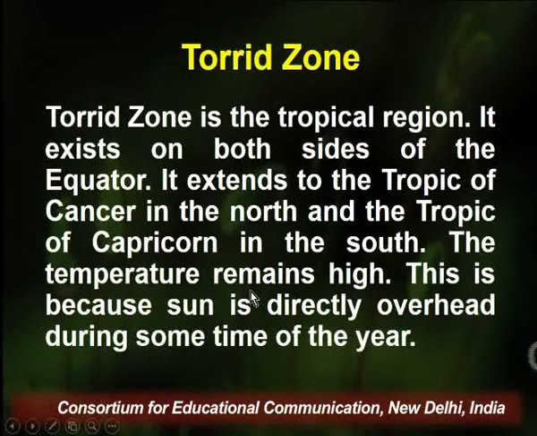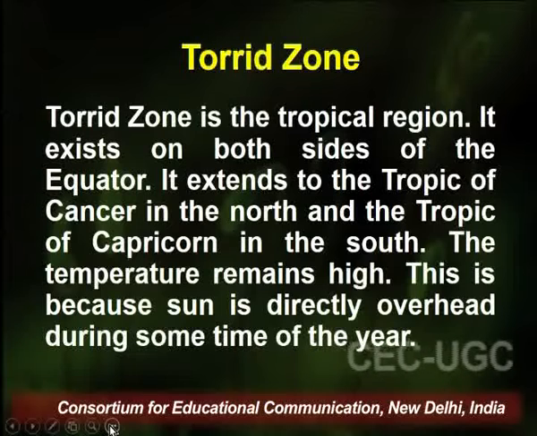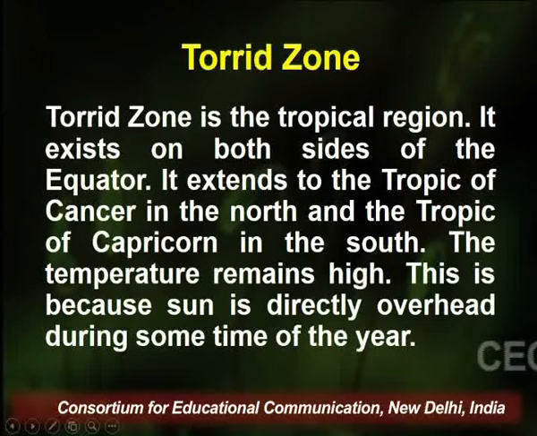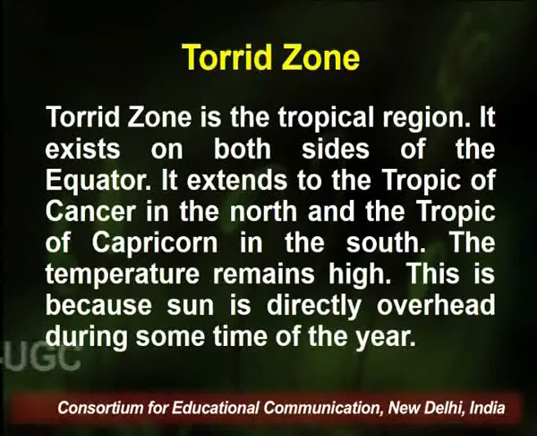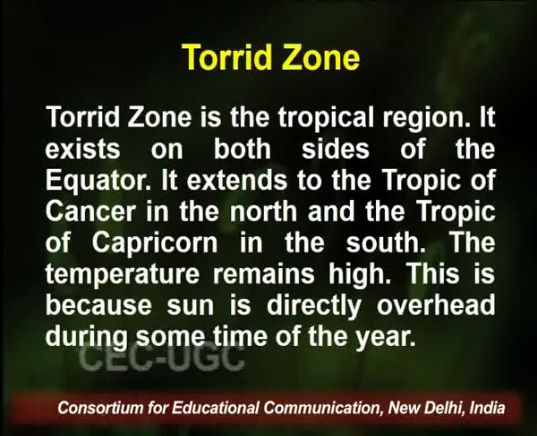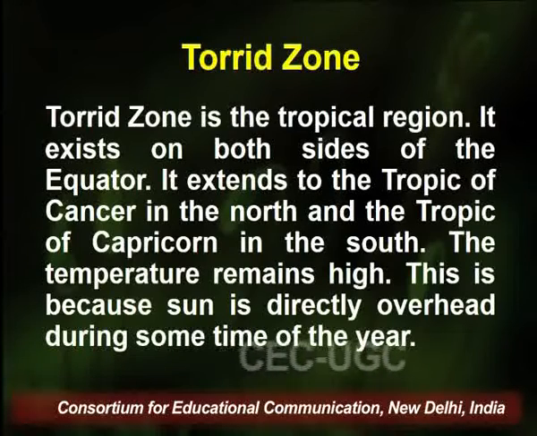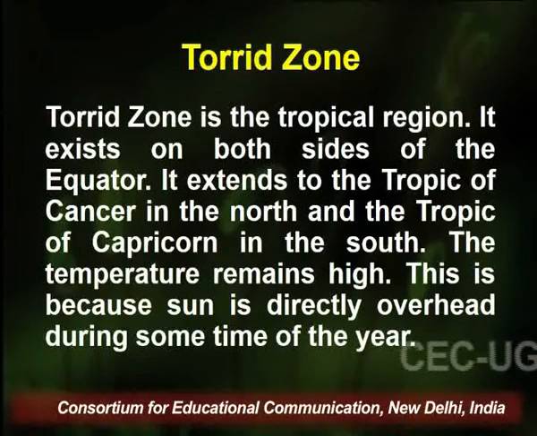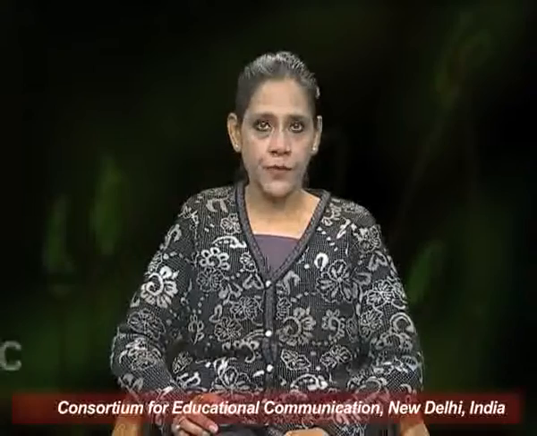Now, what is the torrid zone? It is a tropical region. It exists on both sides of the equator. It extends to the Tropic of Cancer in the north and the Tropic of Capricorn in the south. The temperature remains high. This is because the sun is directly overhead during some time of the year.